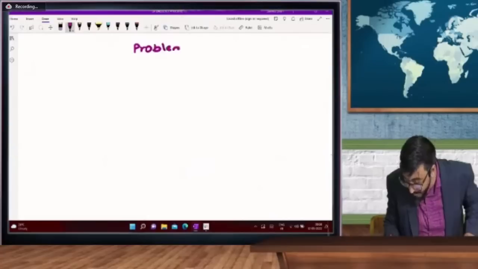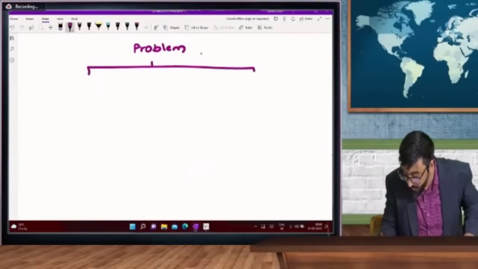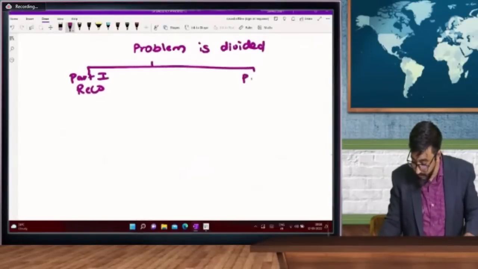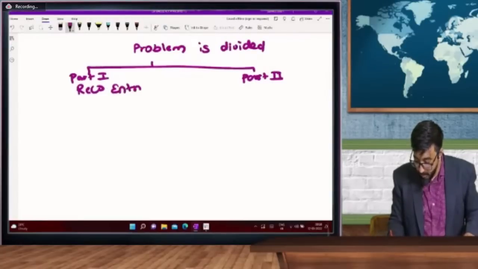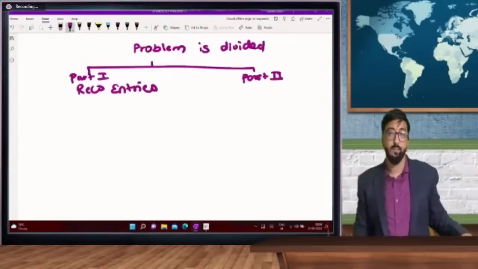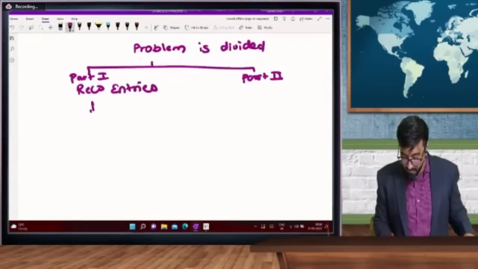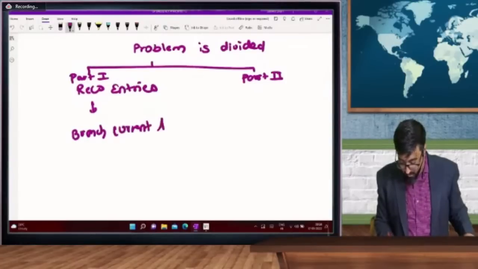The problem is divided into two parts. Part 1 is the reconciliation entries, that is already given, and then the branch current account after reconciliation.